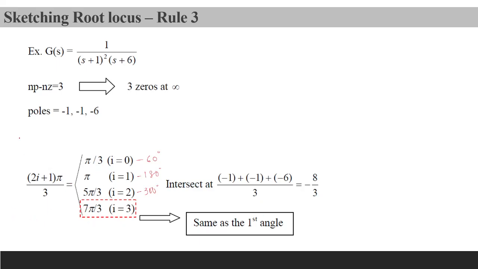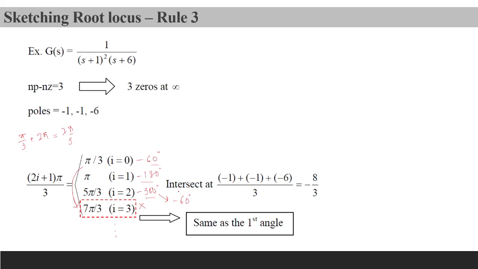If you add 2 pi to pi by 3, you get 7 pi by 3, which means it is exactly the same angle after one rotation. So we neglect these values and all values onwards, because that would be repeating again and again. These are three distinct angles for the asymptotes: 60, 180 and 300. Or you can say 300 is also called minus 60 degrees from the positive real axis.